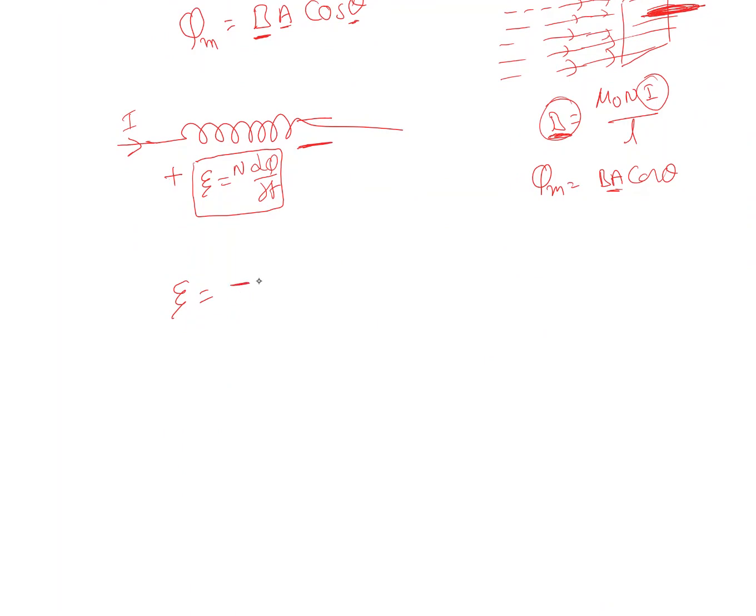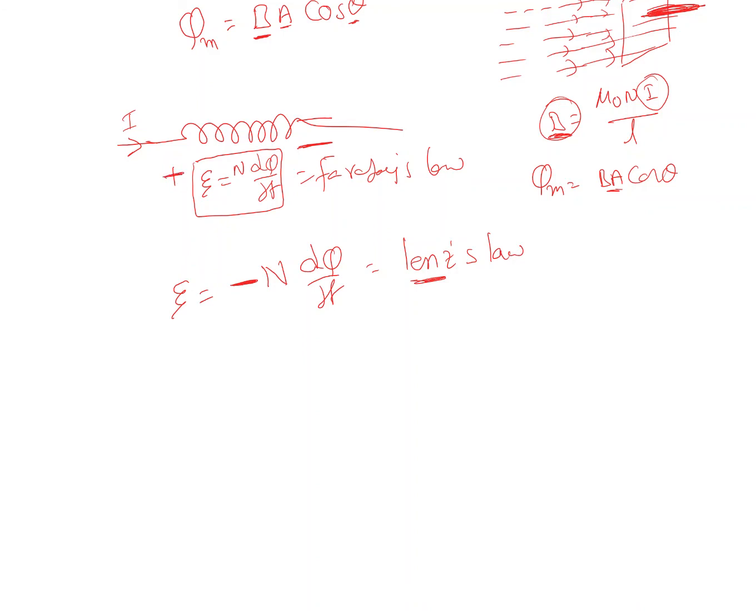Now, Faraday's law is E equals N times d phi by dt, and Lenz's law is E equals minus N times d phi by dt. What is the difference between Faraday's and Lenz's law? Both are the same, but Lenz's law indicates the direction of the induced EMF. The negative indicates that the induced EMF opposes the rate of change of current.